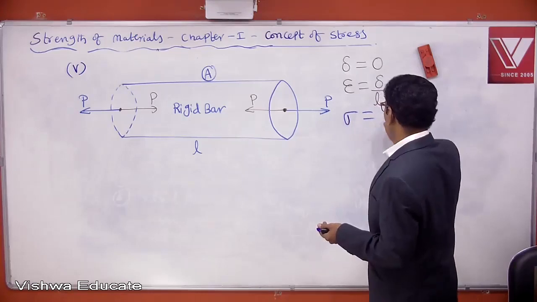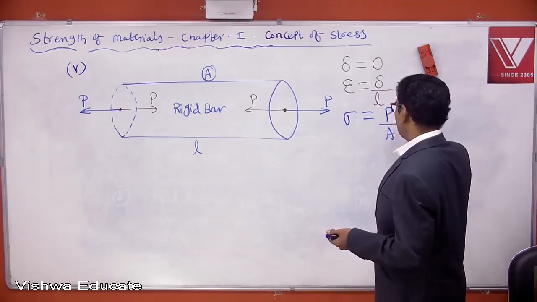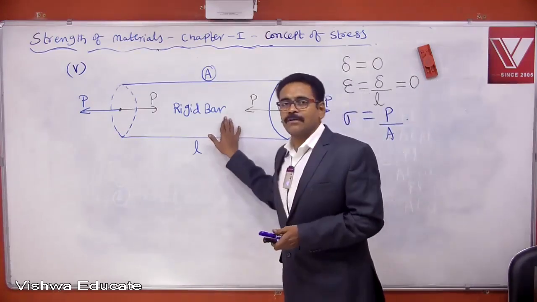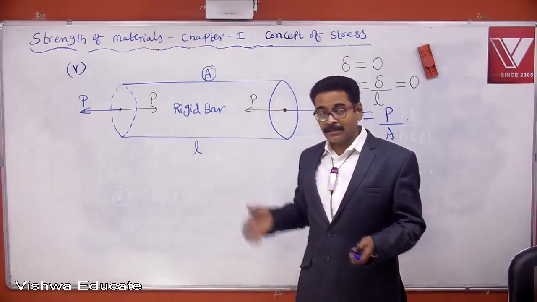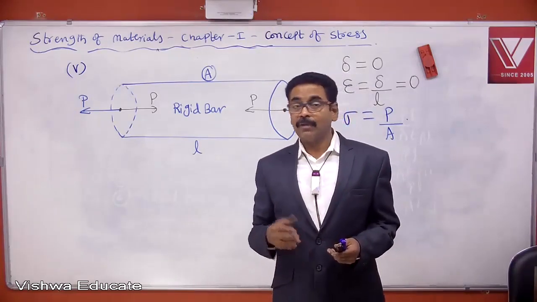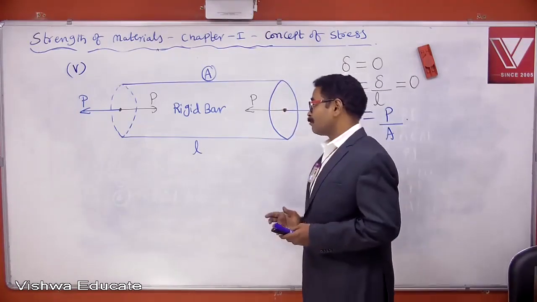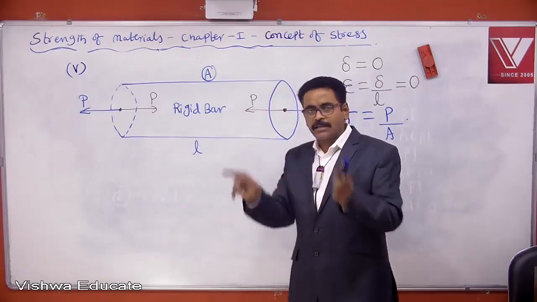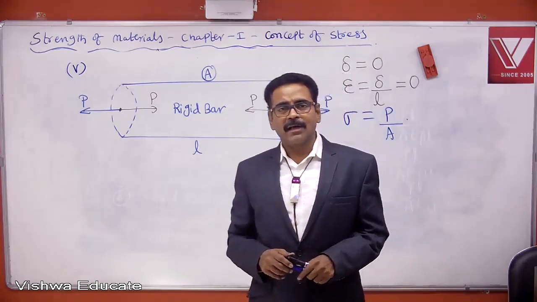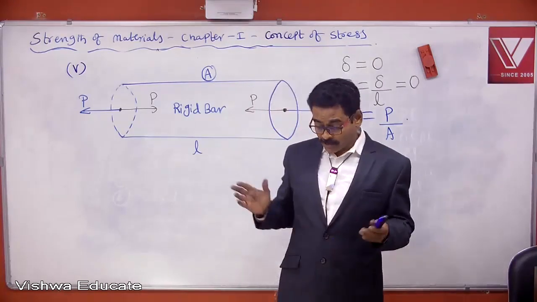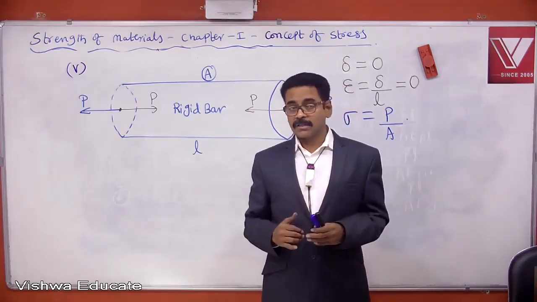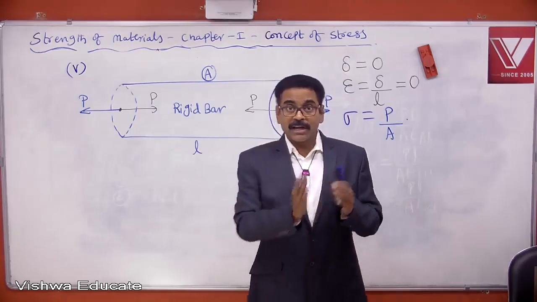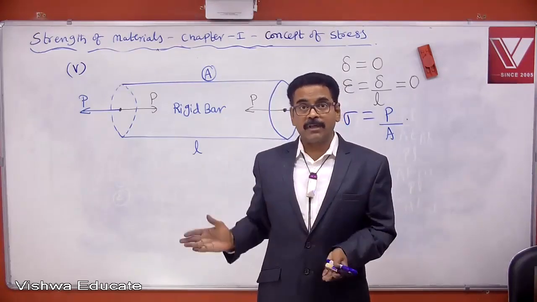Stress is equal to P by A. So don't think a rigid bar carries 0 deformation, 0 strain, means stress is also 0. Be careful, in this example stress is available, but not strain. Strain is 0, but stress is available. Sometimes stress may be available, strain may not be there. Sometimes strain may be there, stress will not be there.